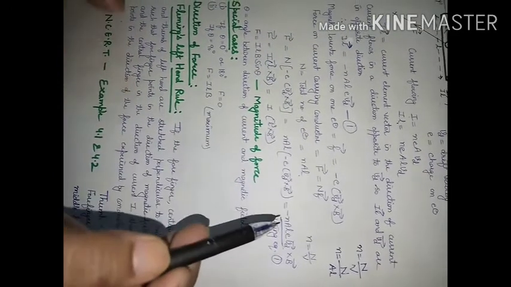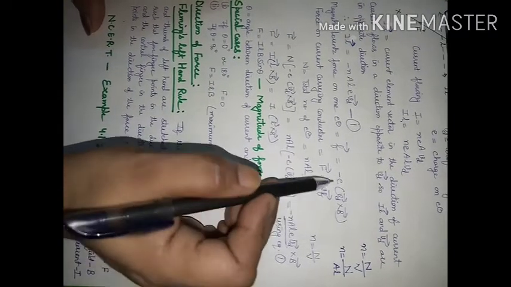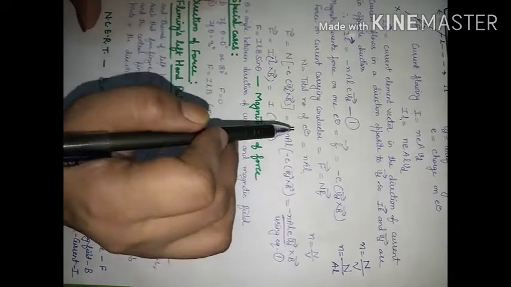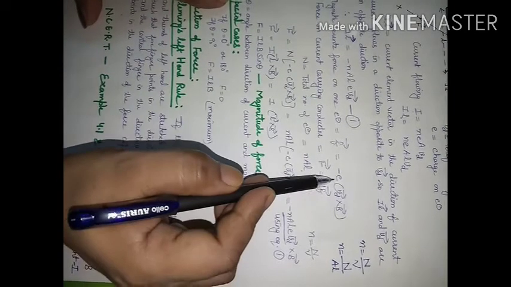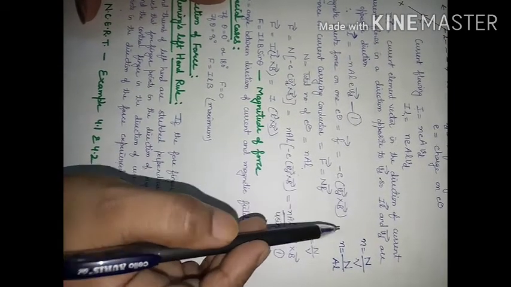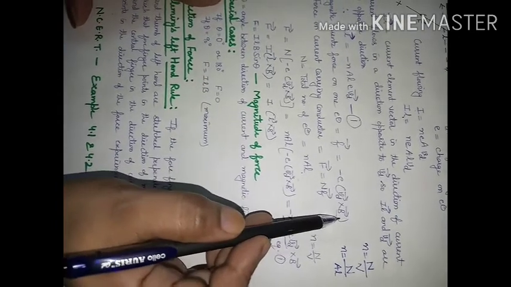Because electron is a negatively charged particle. If a proton moves, then this will become plus. So the magnetic Lorentz force on an electron will be minus e Vd cross B. This is the force experienced by one electron.